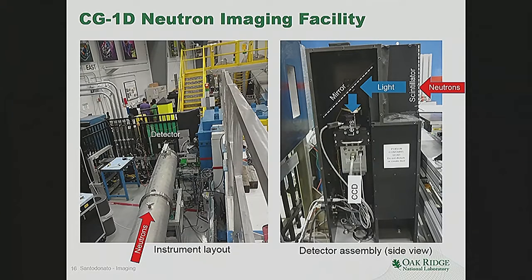Neutrons hit it, visible light is emitted. So now I've got a visible image of my sample on that screen, and that image, we're going to bounce off of a mirror and then go to an optical camera. The mirror just gets the camera out of the direct beam, because a lot of the neutrons are going to pass right through everything and go over here to the beam stop.